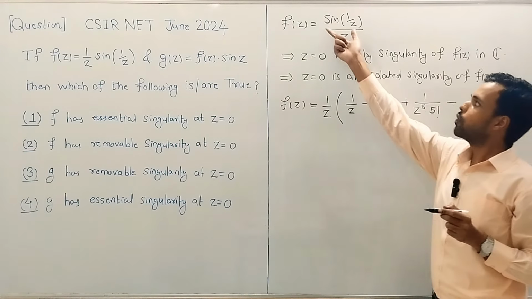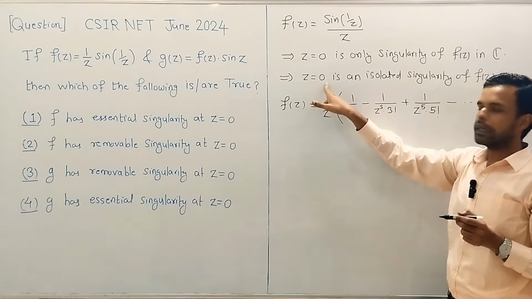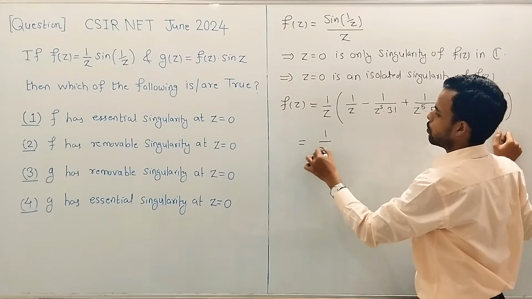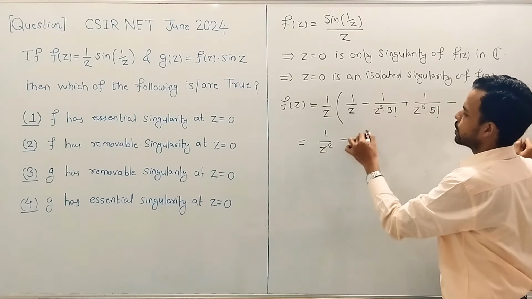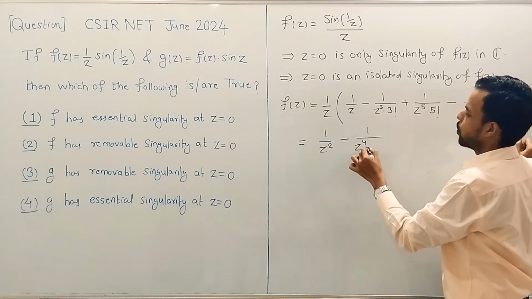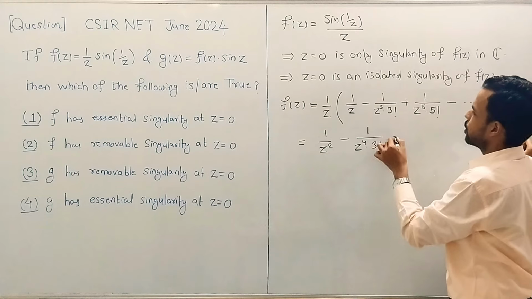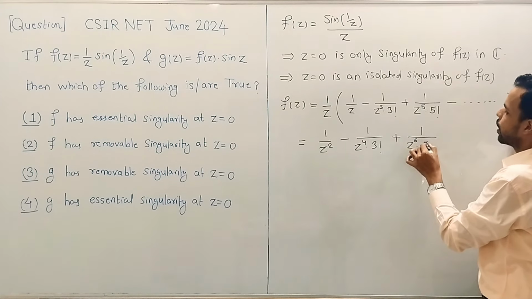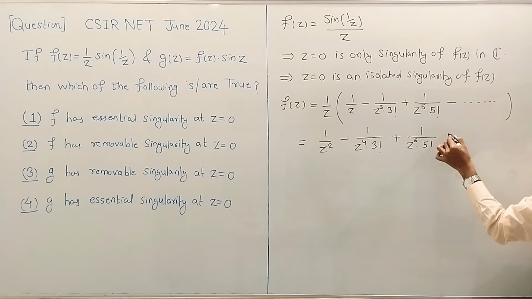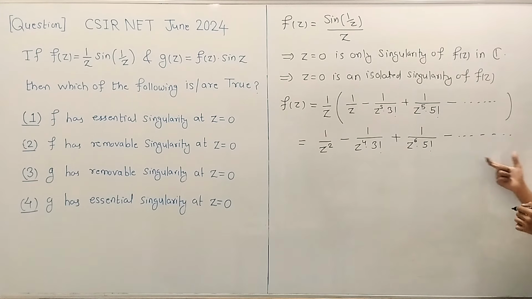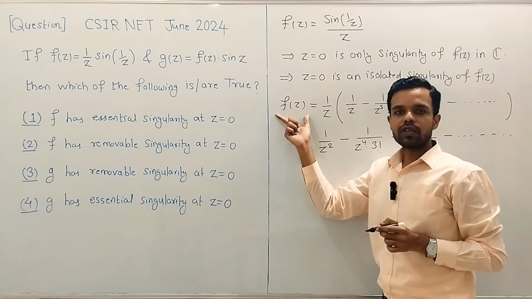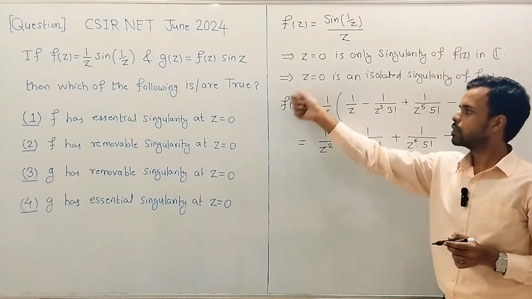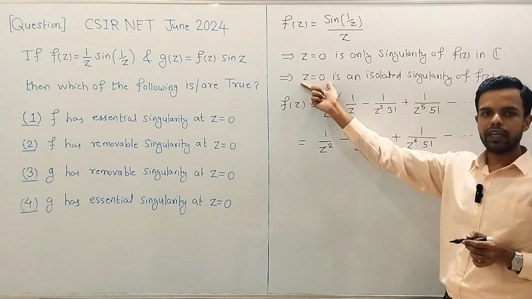Simplifying this, we get 1 over z square minus 1 over z to the power 4 times 3 factorial plus 1 over z to the power 6 times 5 factorial minus and so on. So this is the Laurent series expansion of f of z about z equals 0.